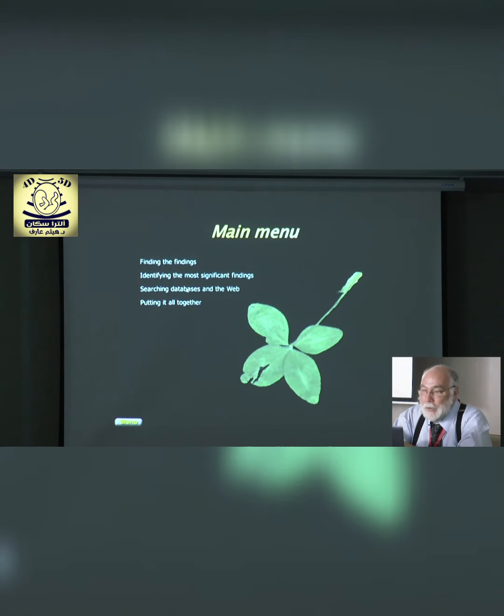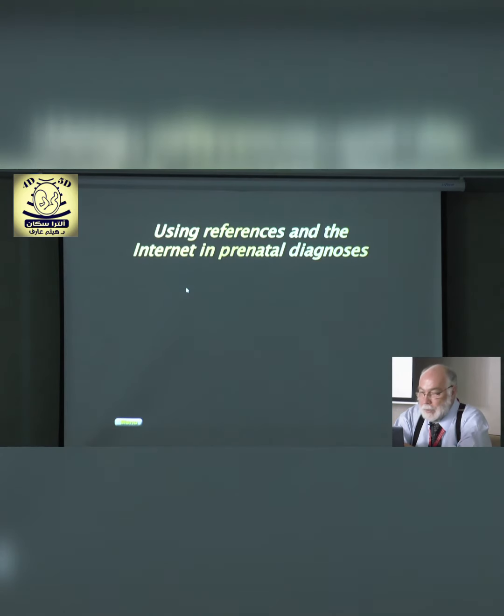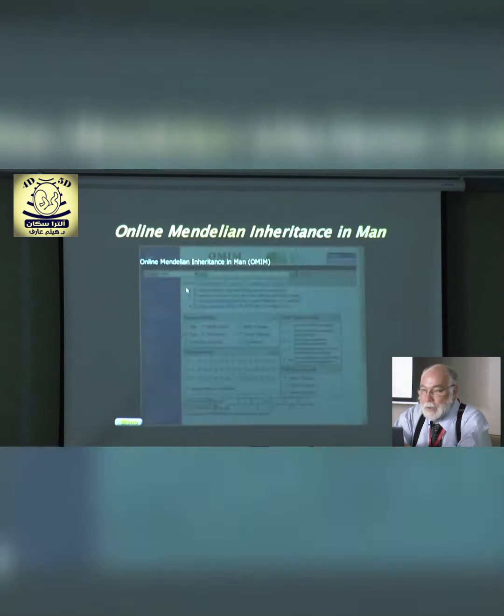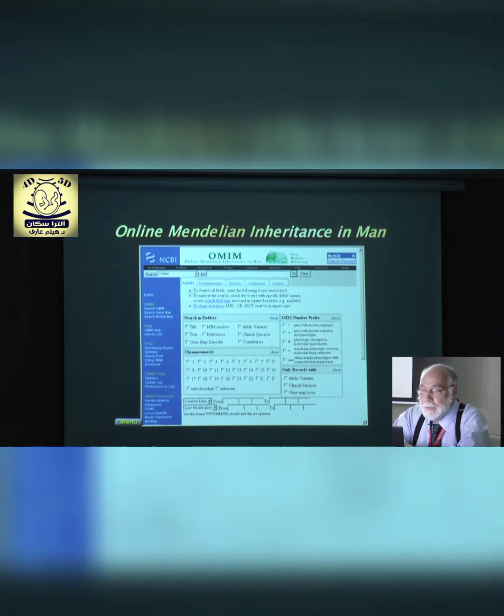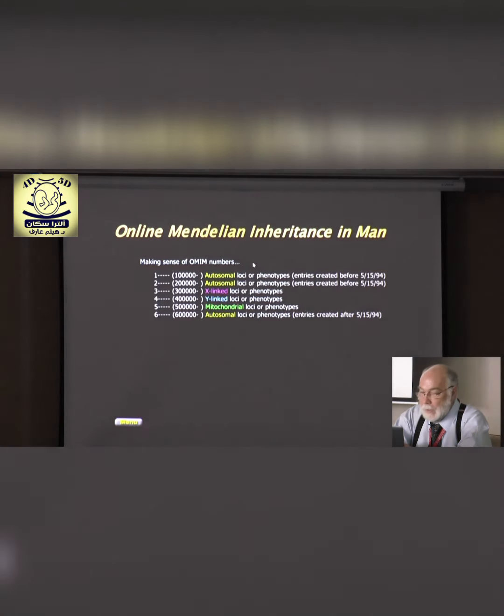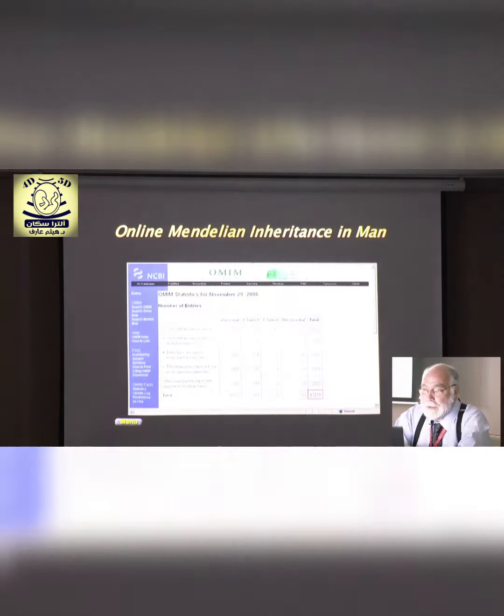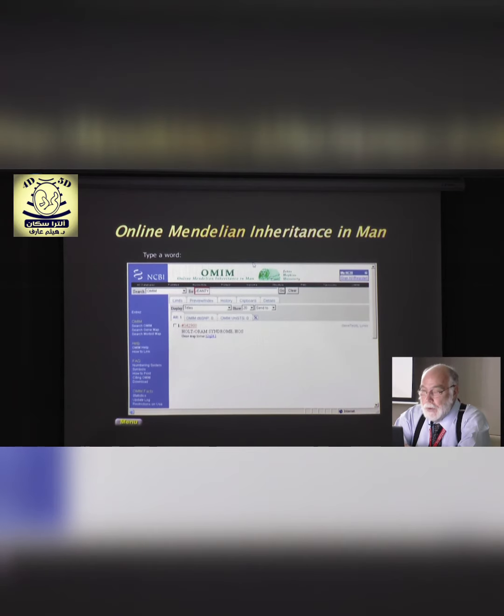So I'm going to go very rapidly through databases and the web because many of these things are common. I want to show you OMIM here. So this is OMIM, and it stands for Online Mendelian Inheritance in Man.